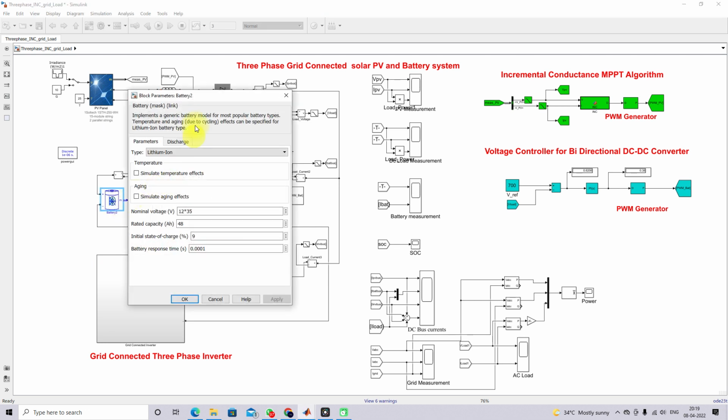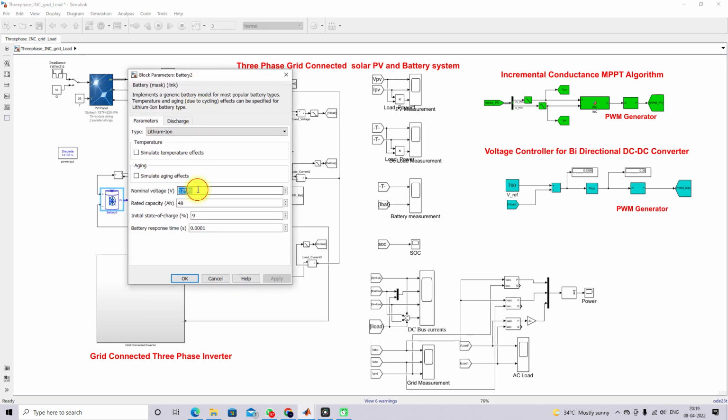Here we are using a battery rating of 12 into 35. That means we are connecting 35 batteries in series, each a 12 volt rated battery, and the rating of the battery is 48 Ah.